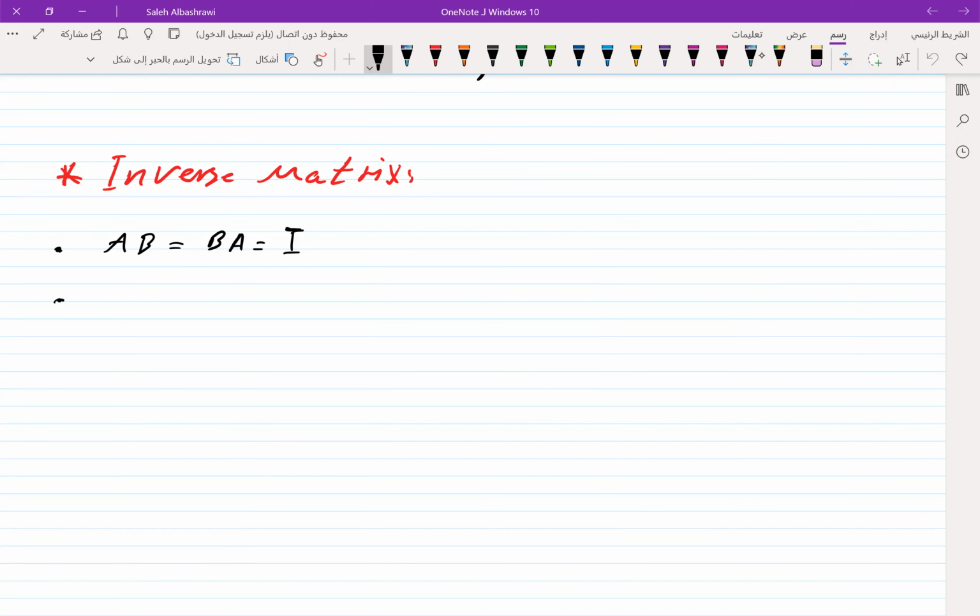And we say in this case, A is non-singular. Non-singular matrix means that A has an inverse. And A is non-singular if and only if the determinant of A is not equal to 0.